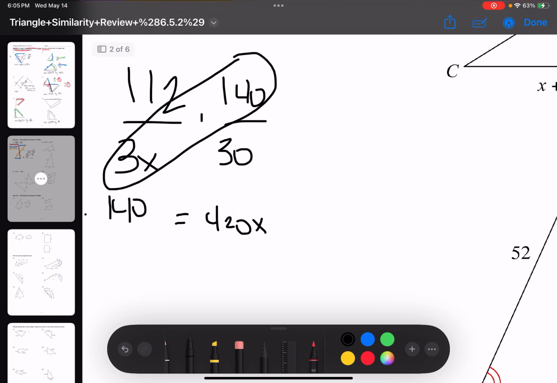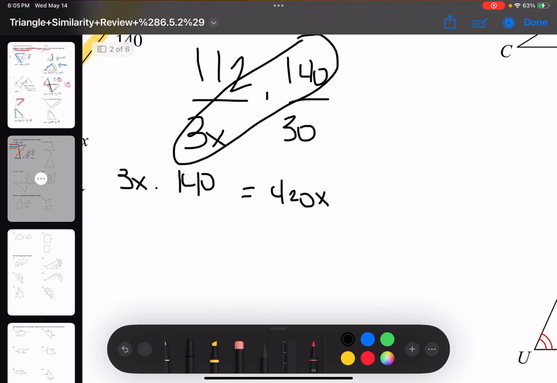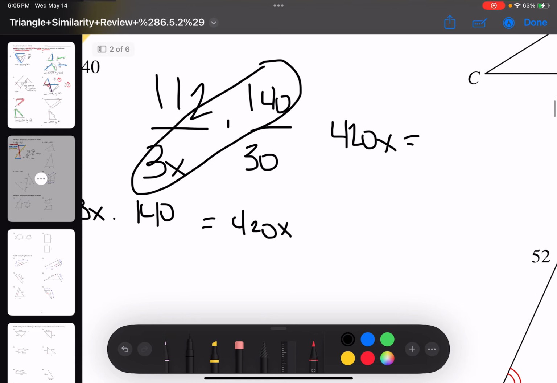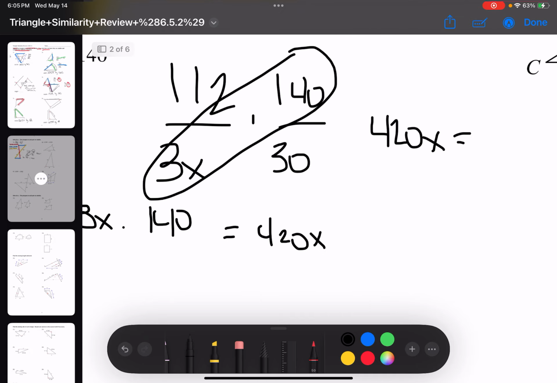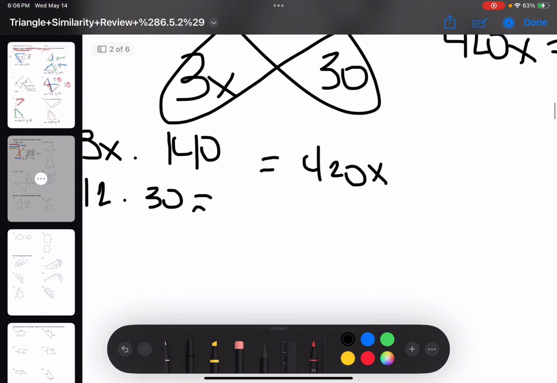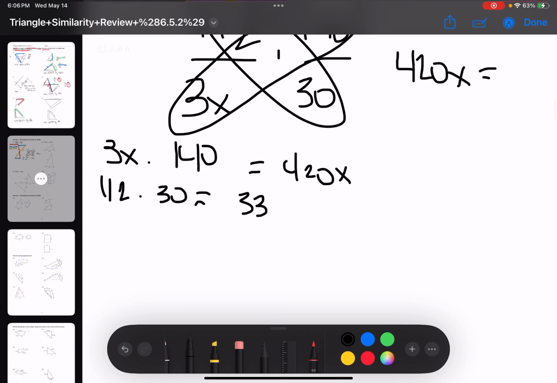I'm just writing this out so you can see where I'm getting these numbers from. Write an equal sign after we're done with the first one. And now we're gonna do the other side, which is 112 times 30 is equal to 360.